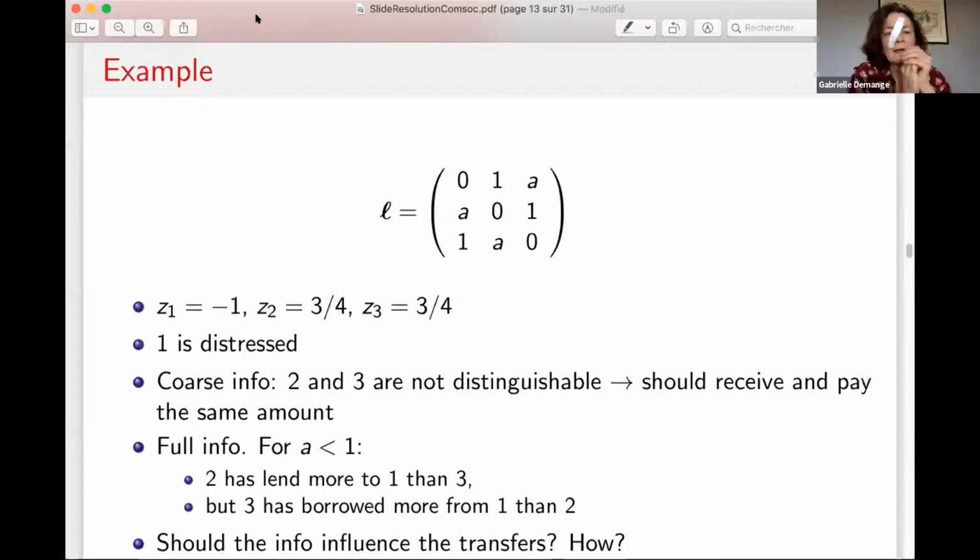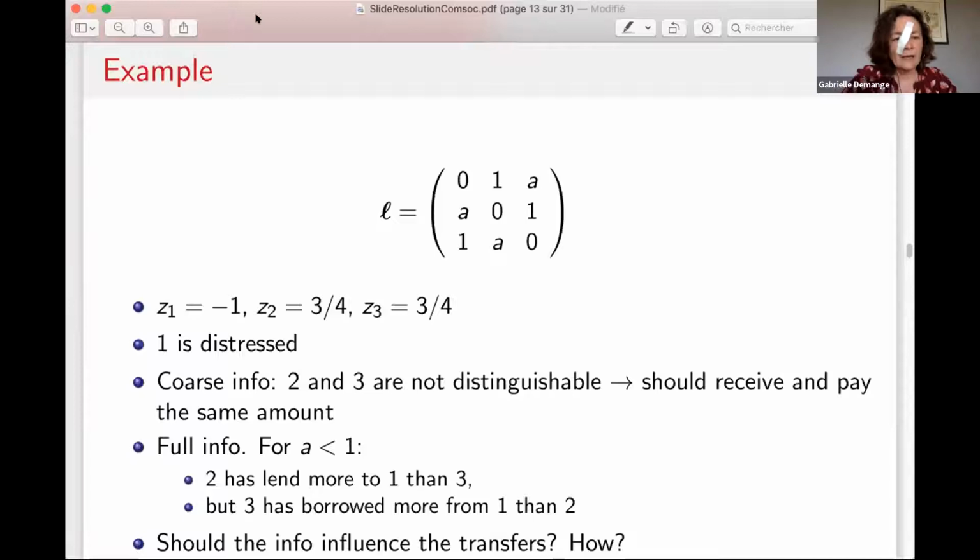And the external values. So firm 1 has a negative external value, and it is distressed, because it's easy to compute, its net liability minus claims is 0. You can have firms with positive external value which are distressed, it depends.